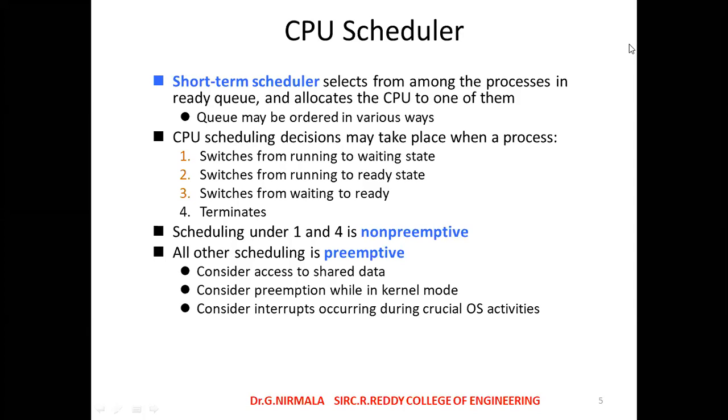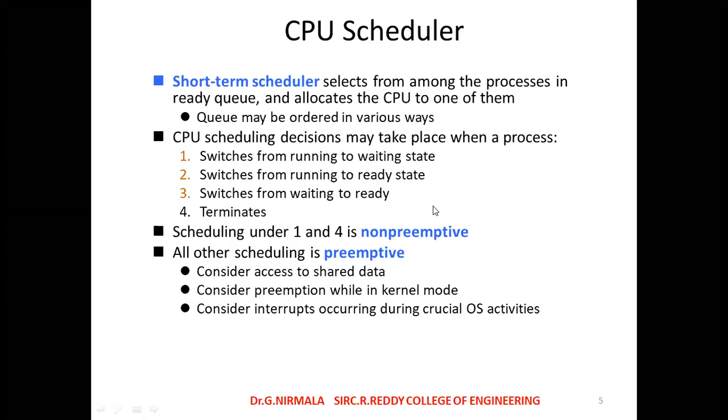The CPU scheduling decisions may take place when a process switches from the running state to the waiting state, otherwise from running to the ready state, otherwise it switches from waiting to the ready state. These are the three possible situations.